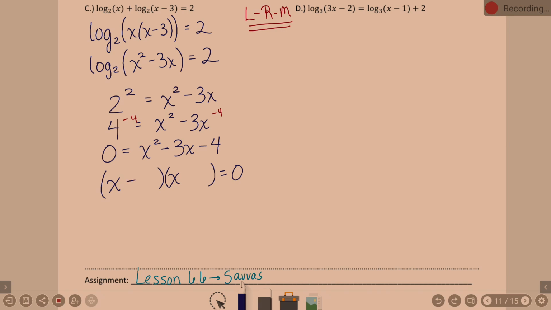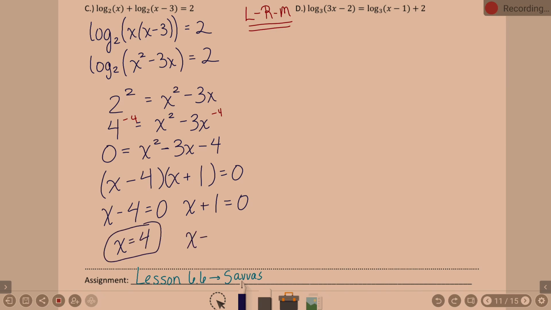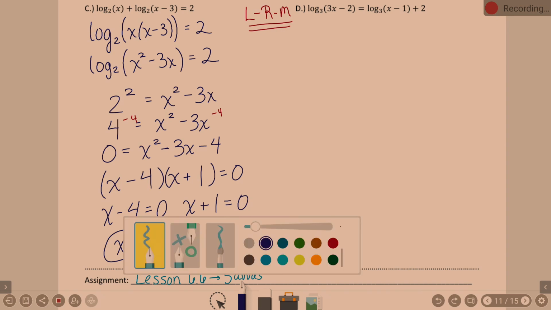That's -4 and +1. Set each factor equal to 0. If x minus 4 equals 0, then we know x equals 4. If x plus 1 equals 0, then we know x equals negative 1.